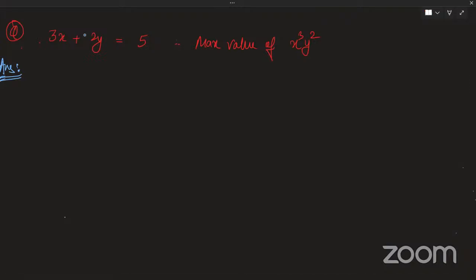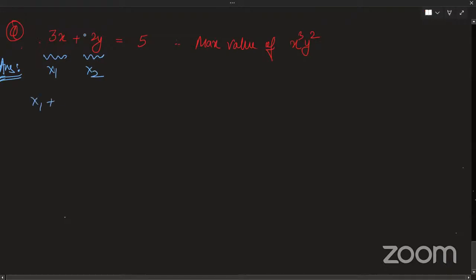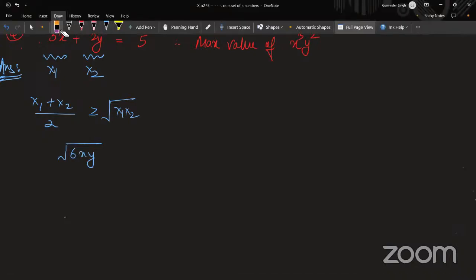See, what if you treat 3x as x1 and 2y as x2, so (x1 plus x2) divided by 2 will be greater than or equal to the square root of x1 into x2. When you take the square root of x1 into x2, it will basically be the square root of 6xy. So there is no chance you can get x cube and y square, right?